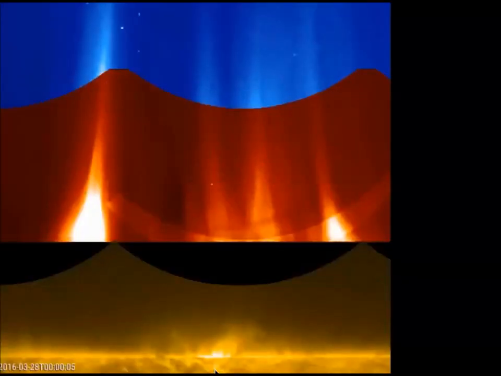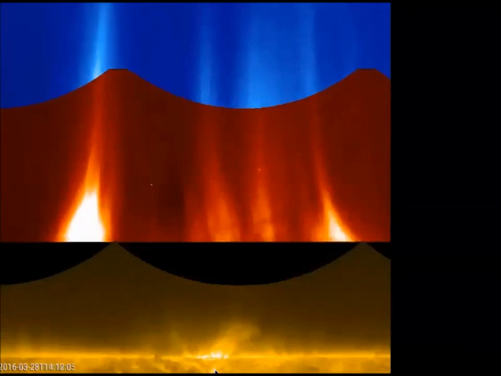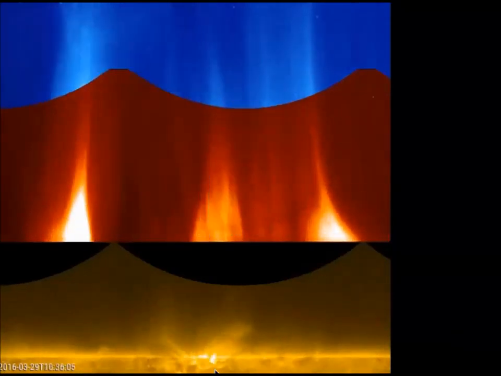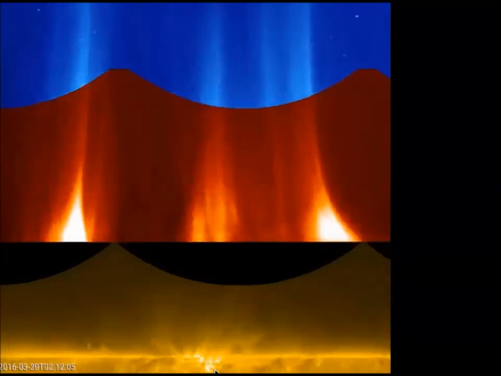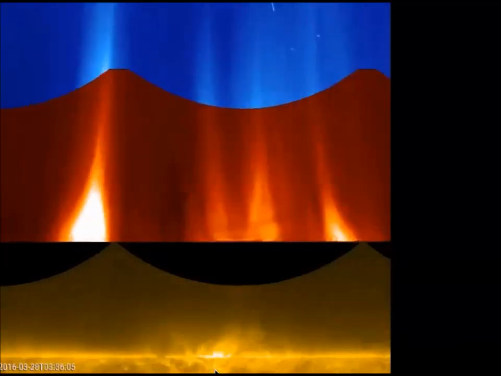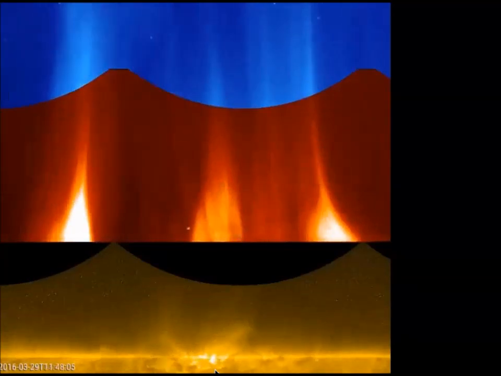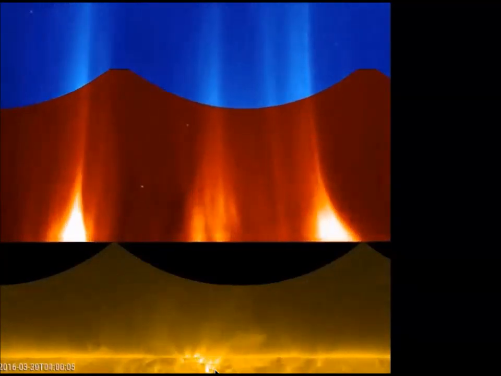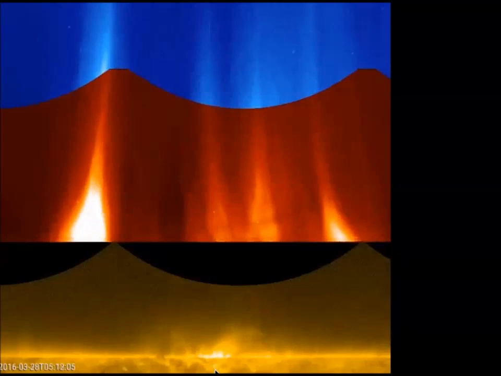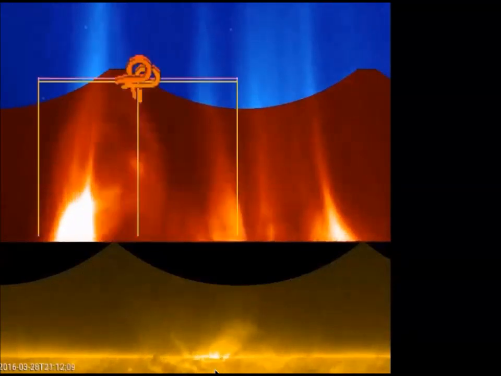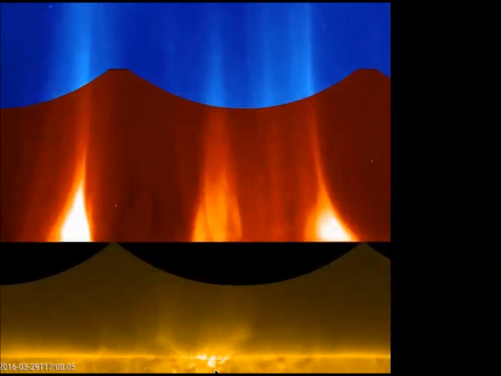Besides that, there are also signal-to-noise problems. Here I've put SWAP again at the bottom and coronagraphs on top, and it's a polar view, as we call it, where the solar surface is stretched out horizontally. You have like a landscape. You will still see the events going up and down.